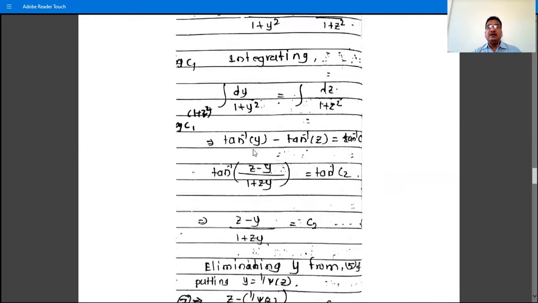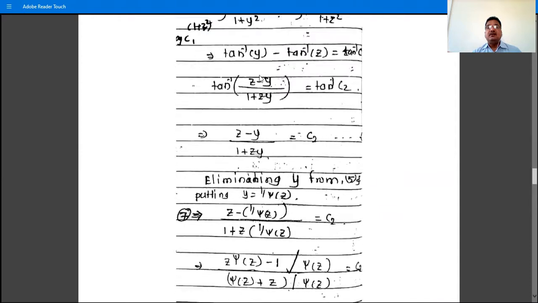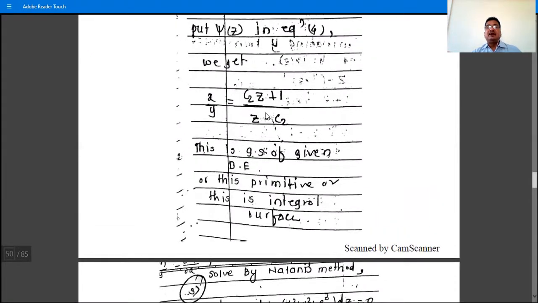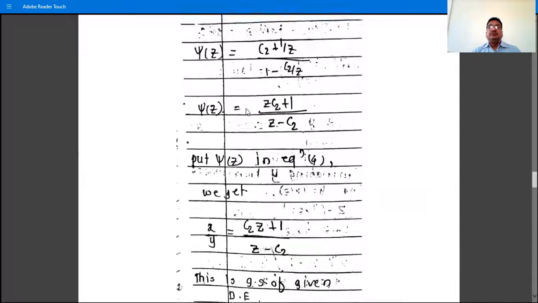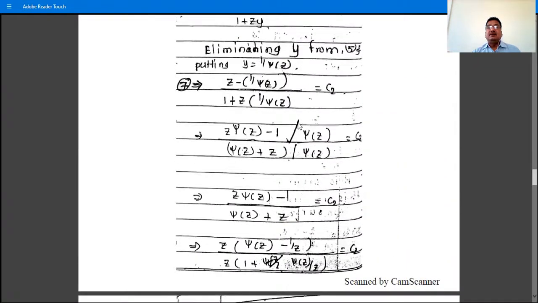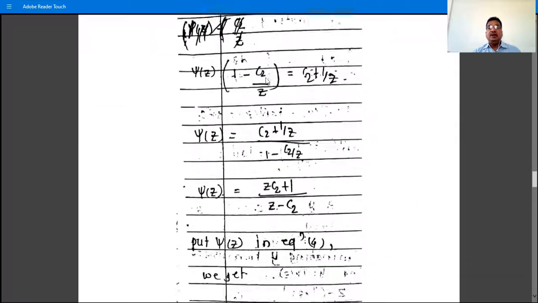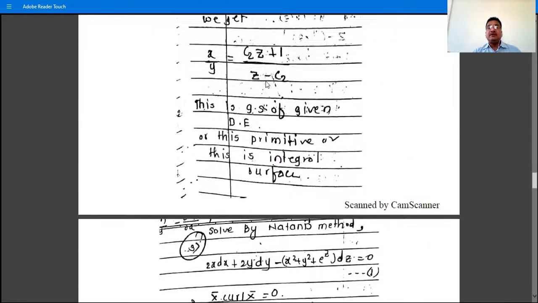So by using Nutani's method, this is the answer. Because tan⁻¹(y/x) − tan⁻¹ z, if we simplify using this formula, gives tan⁻¹((y/x − z)/(1 + (y/x)z)). So by using both methods we have the same answer.